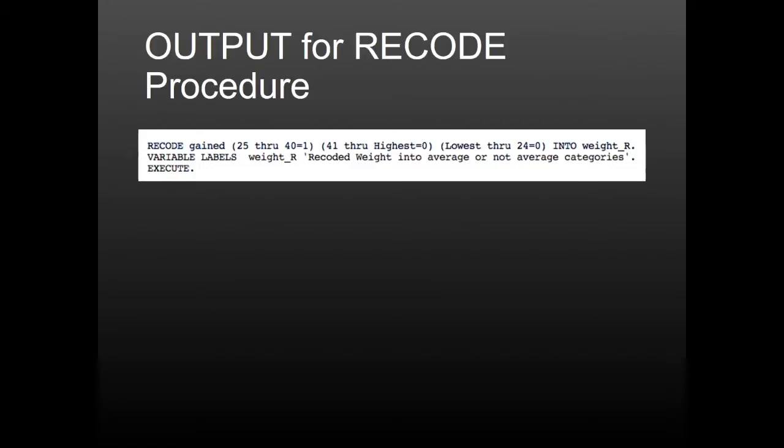Over 41 pounds is above average, and under 25 pounds is below average. So I combine them into one new category that is not the normal or average weight gain. You'll want to remember to put that into your data set, or you're going to forget which one you coded as 1 and which one you coded as 0 in the future.